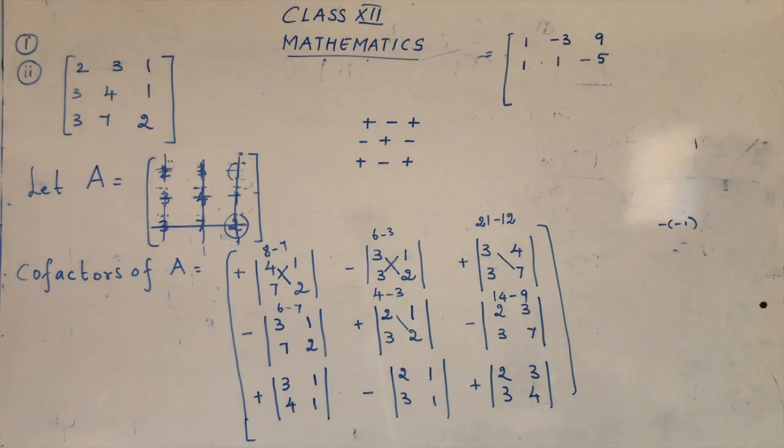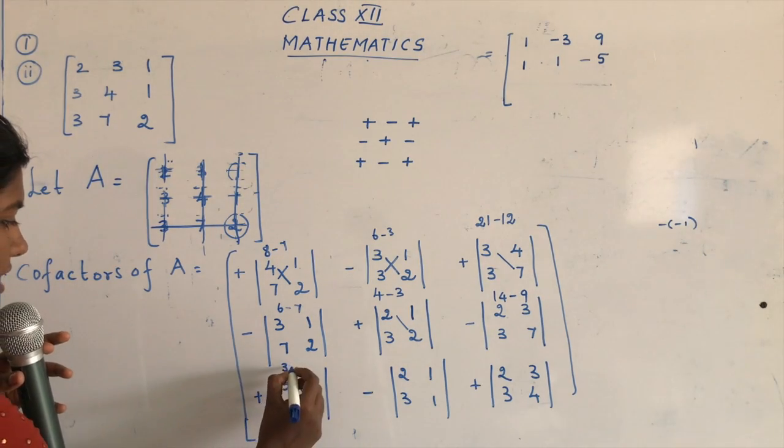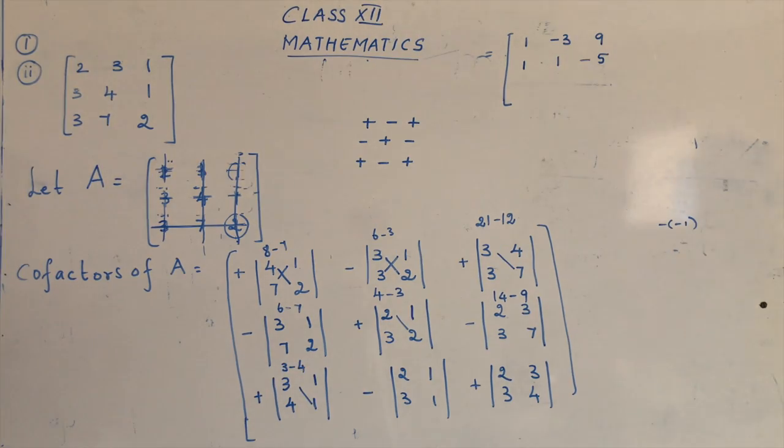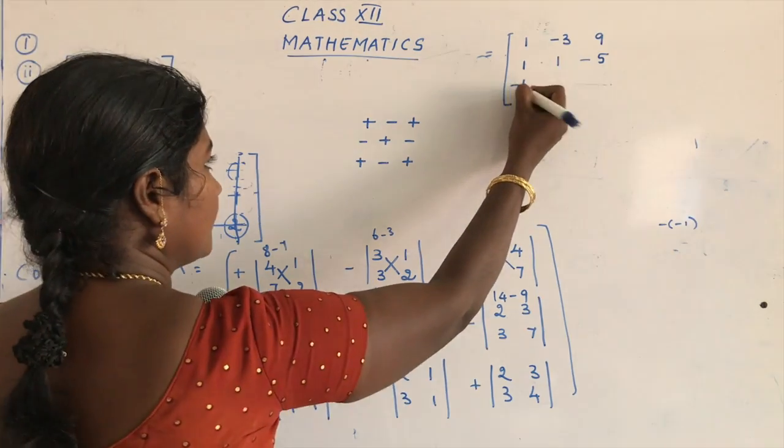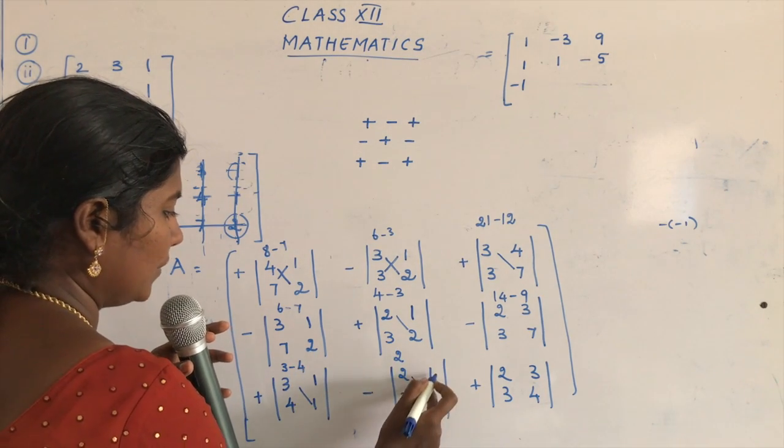Coming to the next row. 3 ones are 3, 4 ones are 4. So 3 minus 4, it's minus 1, and you have a sign here, plus. So the sign will not change. So what is your answer? It's minus 1. Next thing. 2 ones are 2, 3 ones are 3.